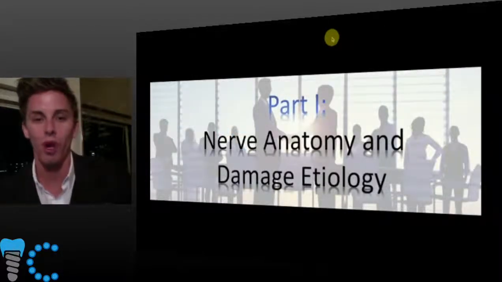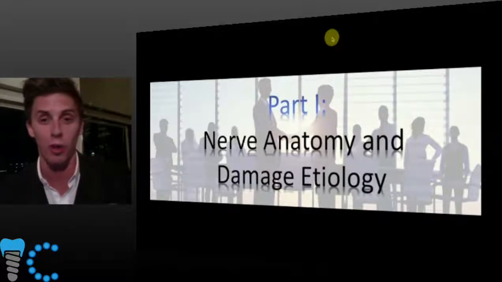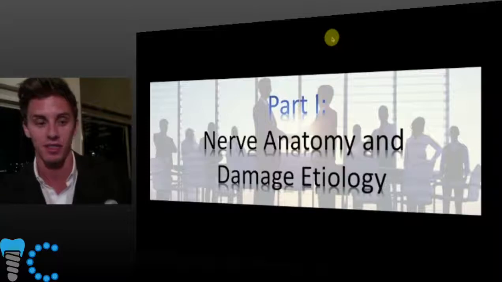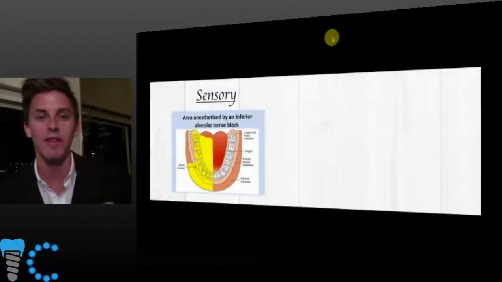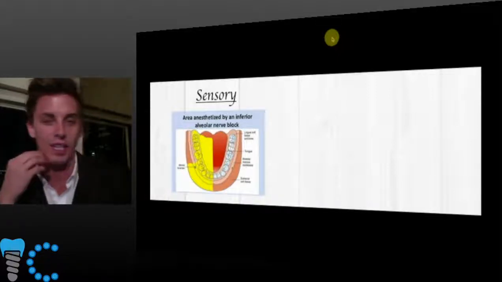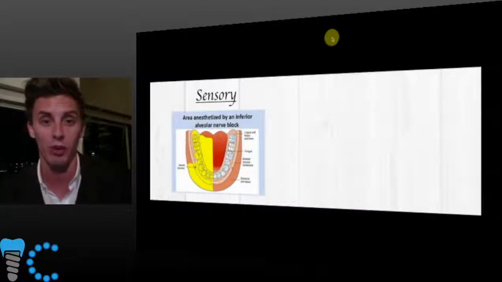So Part 1 was nerve anatomy and damage etiology, another quick review for anyone who missed it. The inferior alveolar nerve is a branch of the mandibular division of the trigeminal nerve, or cranial nerve 5.